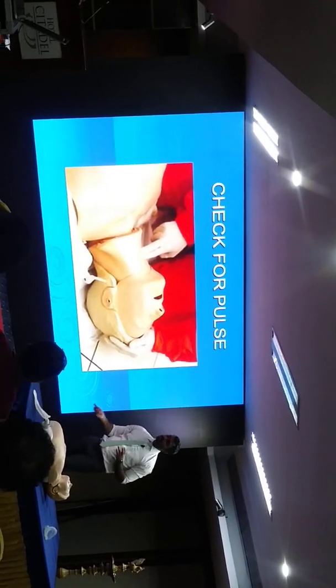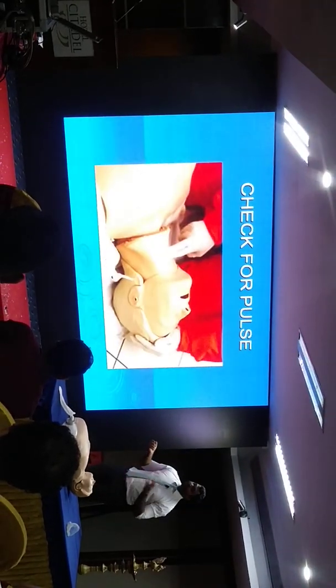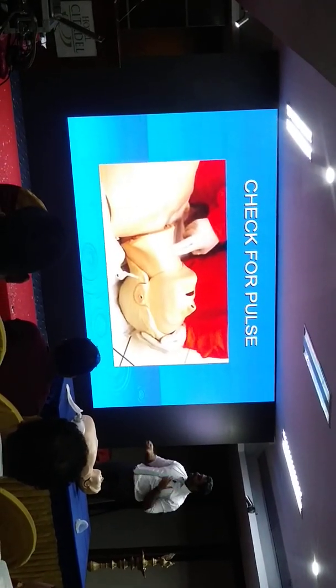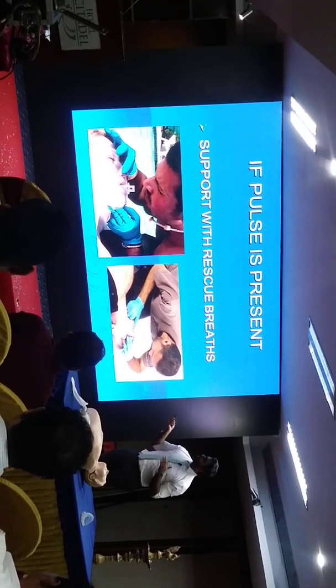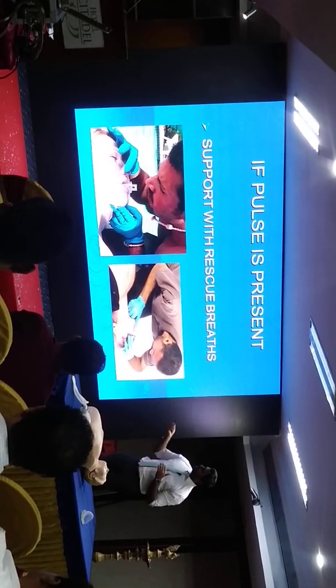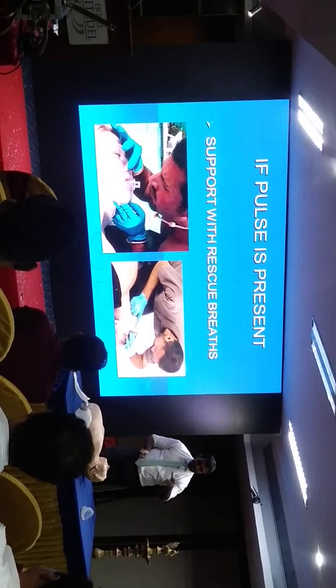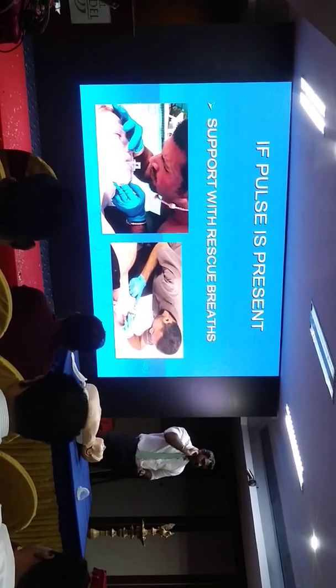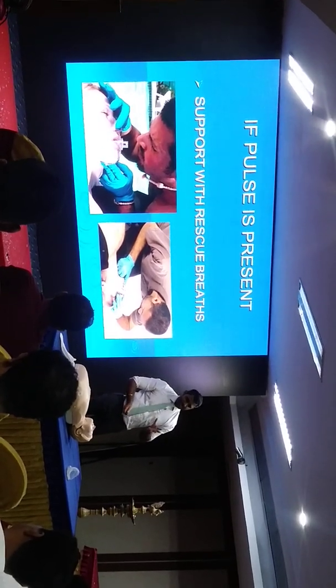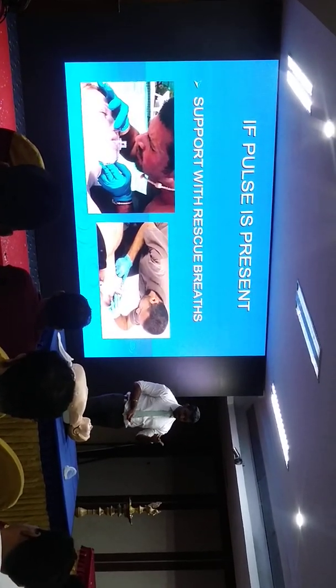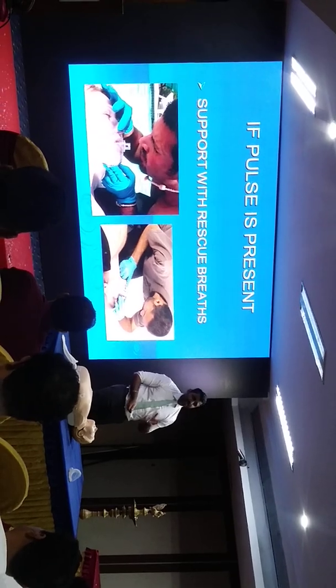So you check for pulse. If the pulse is present, the next is, anyway he's not breathing normally, you have to assist his breathing. How do you assist breathing? There are different kinds of techniques which I'll show you. Usually the classical thing is mouth to mouth respiration, but nowadays a lot of infective patients, a lot of blood threats, so people are afraid to do it.